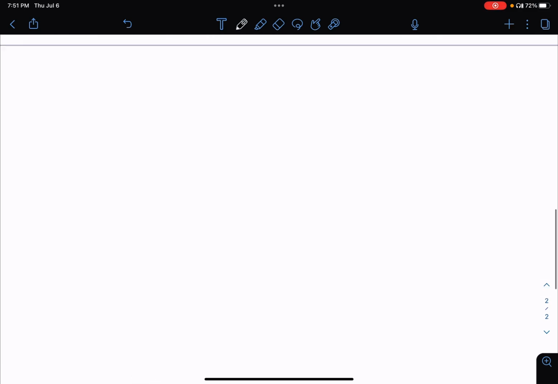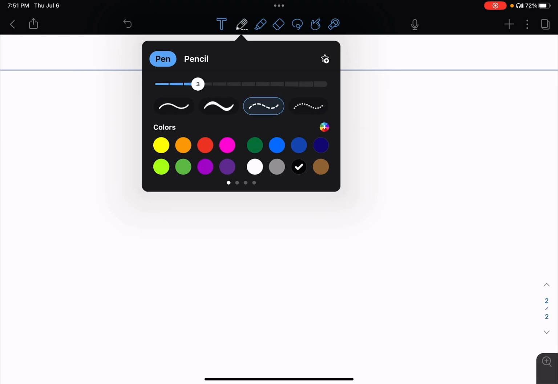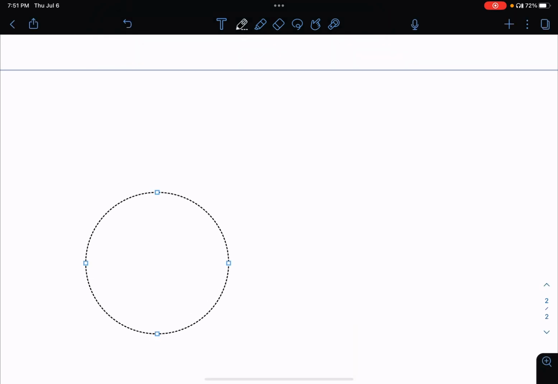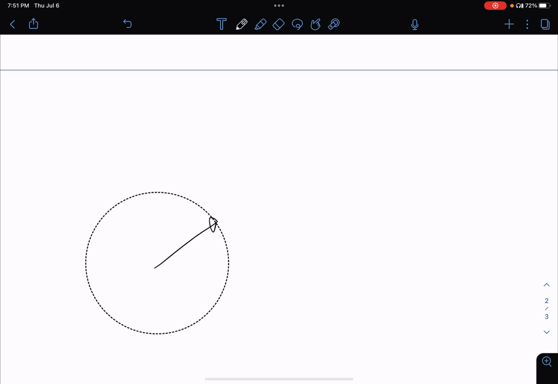Now, when a thing is moving in a circle, and initially it is here, so this is the position at t, the velocity will be perpendicular to the position.